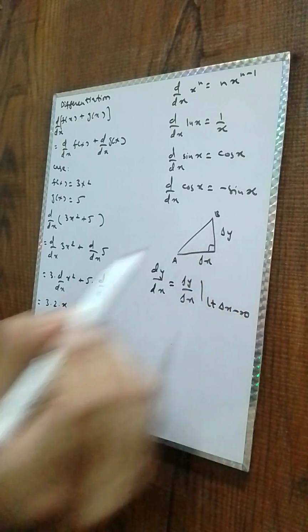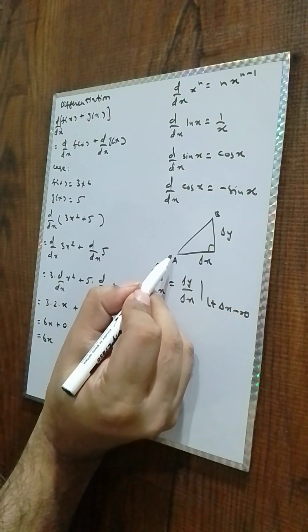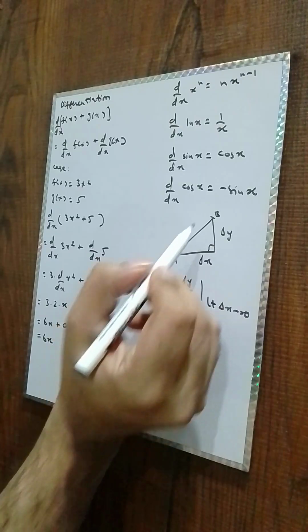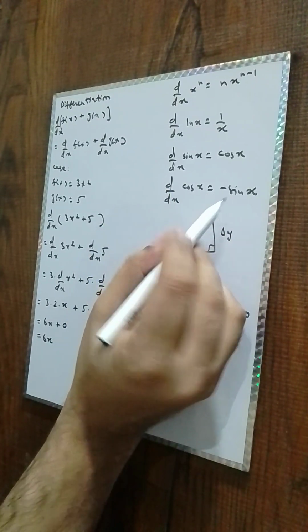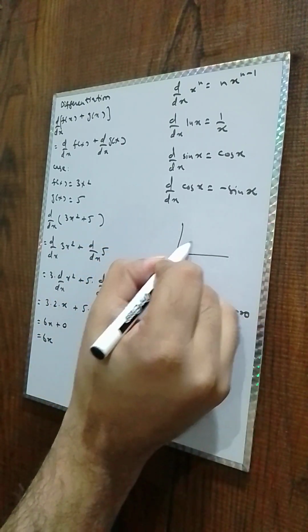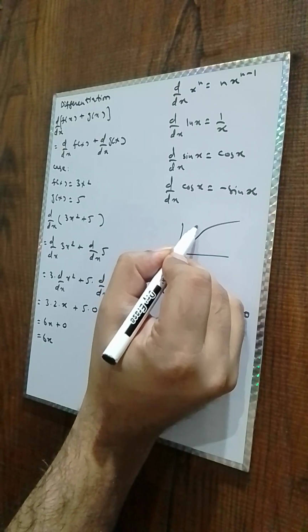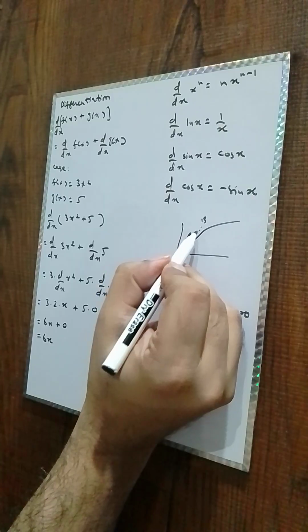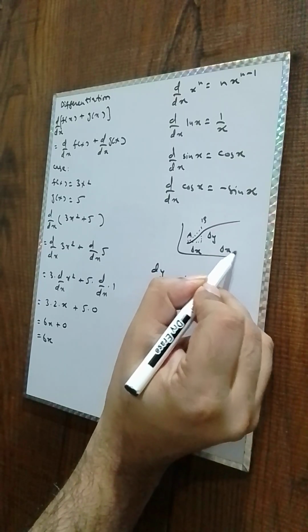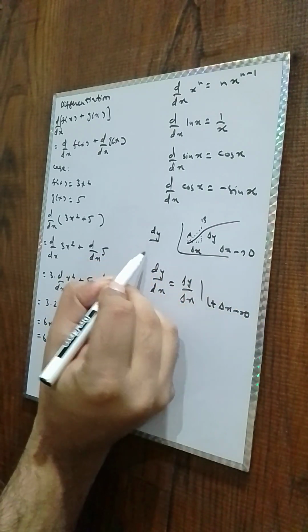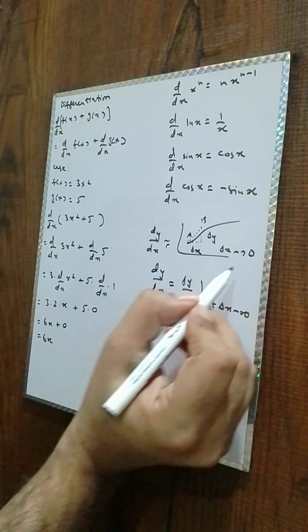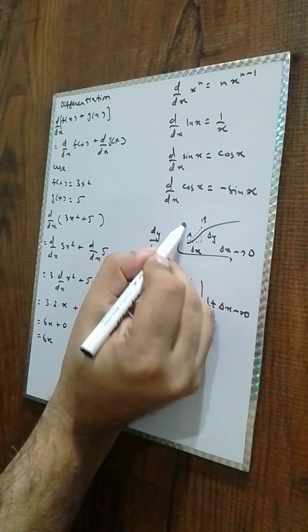Let's call this point A and this point B, and these points are situated on a function. Point A, let's say here, point B here. So this becomes dy by dx with delta x approaching 0, delta y by delta x. This is what I'm trying to show.